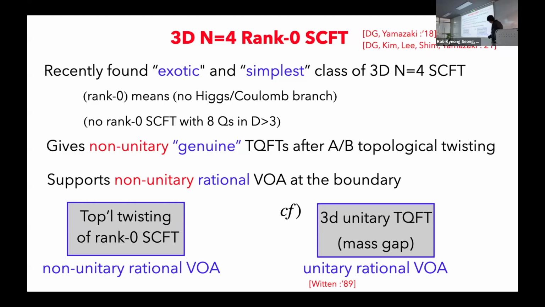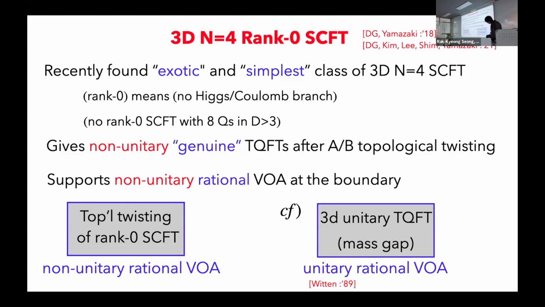The notion of the unitary rational VOA can be easily generalized mathematically to the non-unitary rational VOA. And the notion of the unitary TQFT, unitary modular tensor category, can also be easily generalized to the notion of the non-unitary topological field theory.